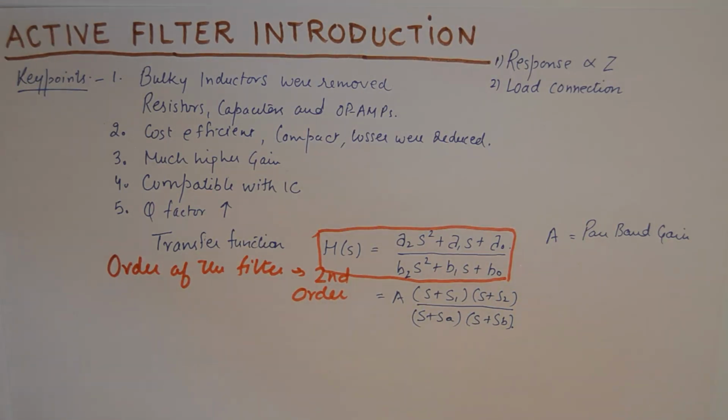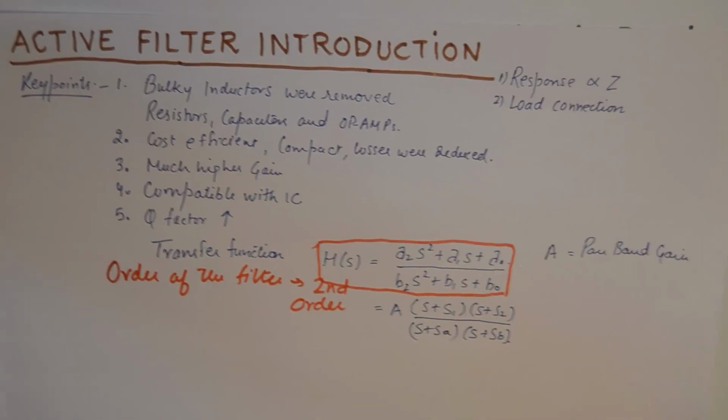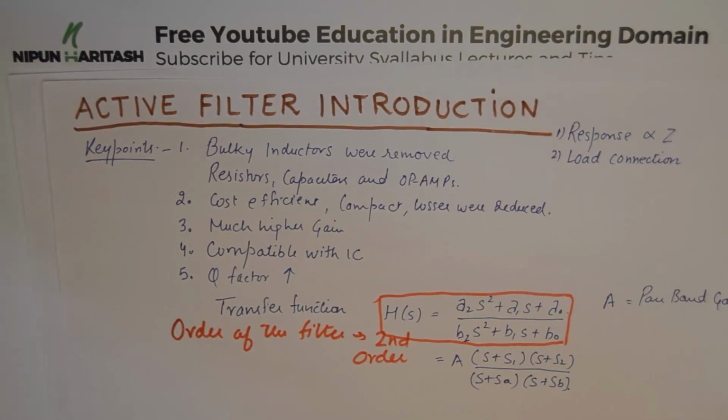So this statement is super important, that the overall filter's behavior will be determined by adjusting the coefficients. So this is what I'm going to discuss now in a tabular format.